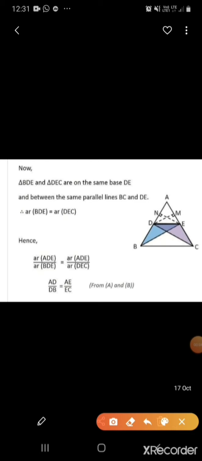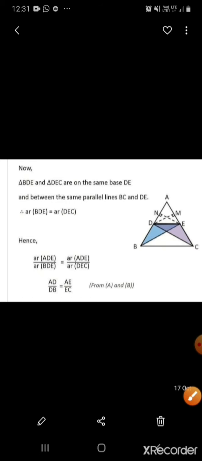Now triangle BDE as well as DEC. These two triangles are on the same base and between the same parallels, DE and BC. Since they have the same base and lie between the same parallels, the two areas are equal.